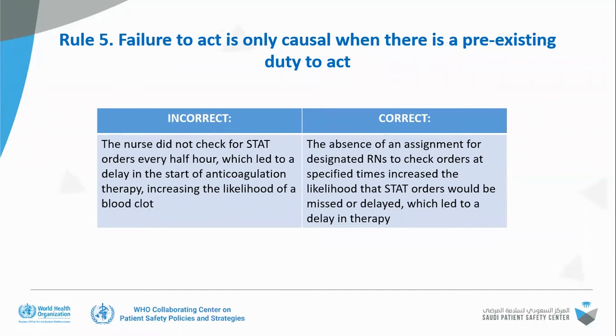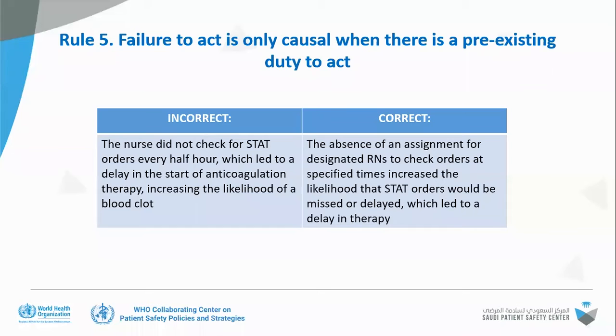Rule number 5 is failure to act is only causal when there is a pre-existing duty to act. So it's incorrect to write "the nurse did not check for stat orders every half an hour, which led to delay in the start of anticoagulation therapy, increasing the likelihood of blood clot." The correct statement would be: the absence of assignment of a designated registered nurse to check orders at specified times increased the likelihood that the stat order would be missed or delayed, which led to delay in the therapy.